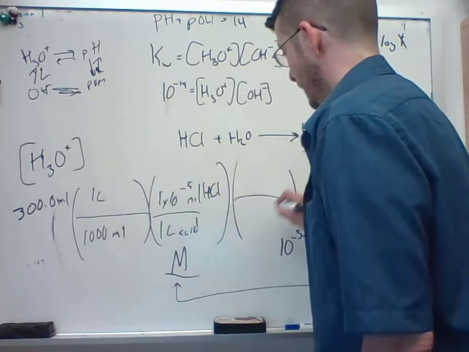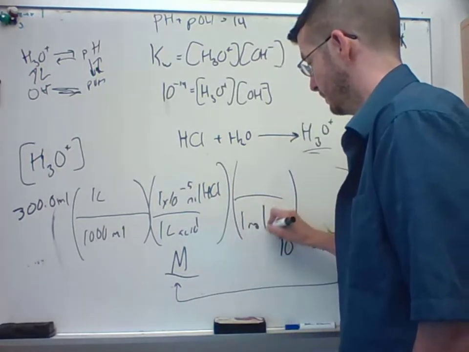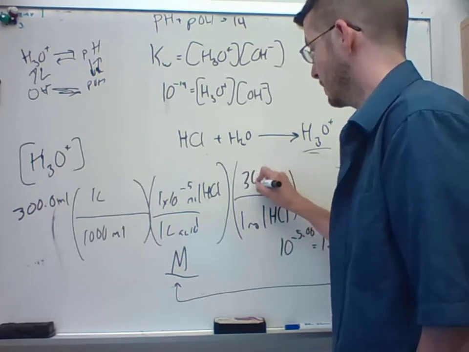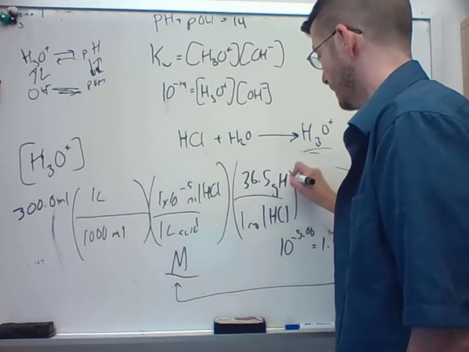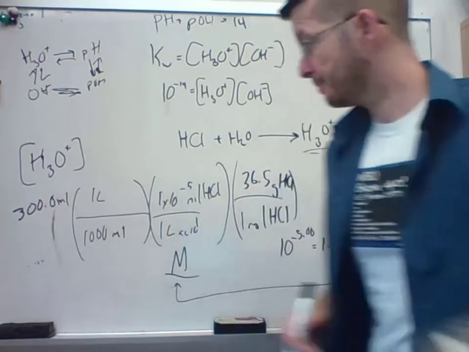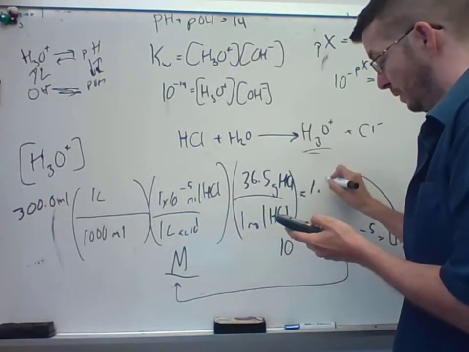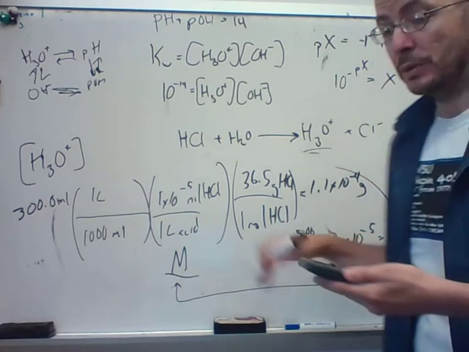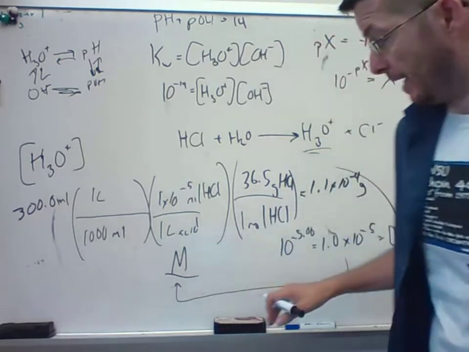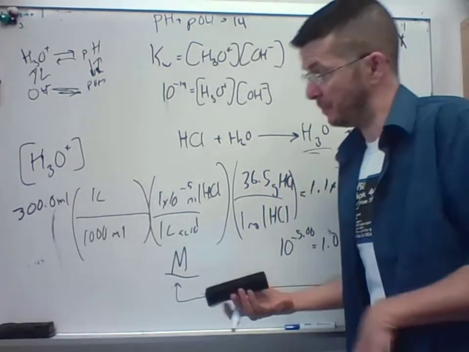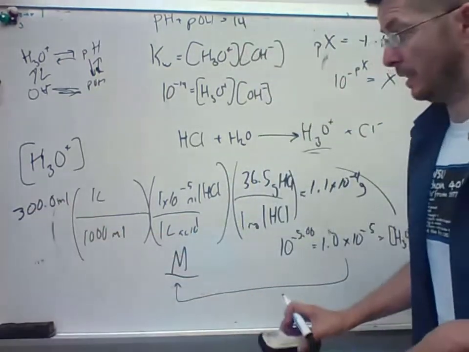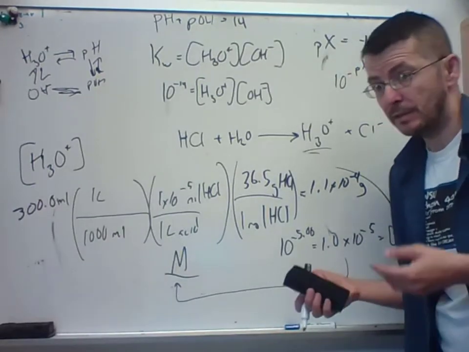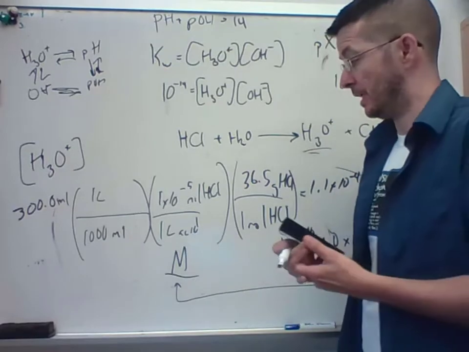And from the molecular weight, 1 mole of HCl is 36.5 grams of HCl. That gives 1.1 times 10 to the -4th grams. So less than a milligram of HCl will drop the pH of water to 5. Quite impressive in its ability to change the pH.